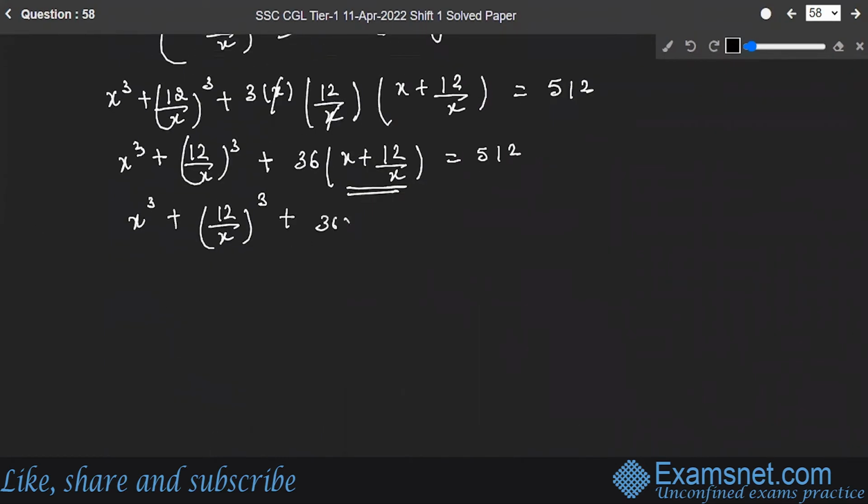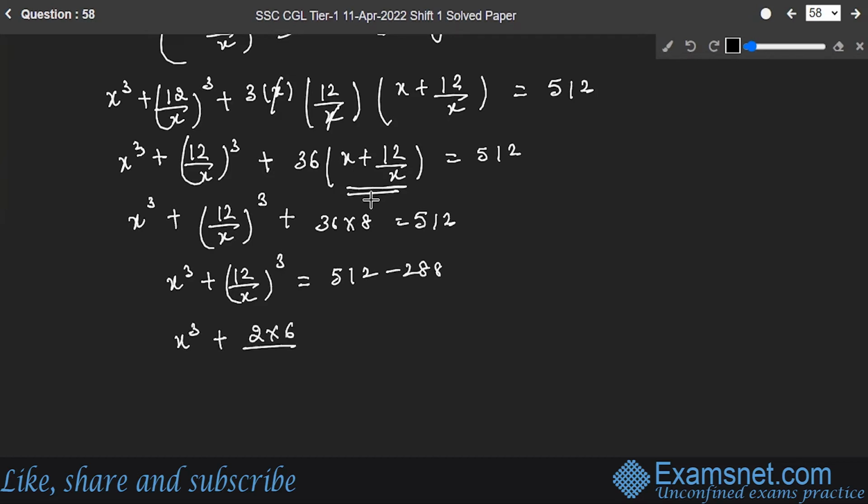So this is 36 into 8 is equal to 512. x cube plus 12 upon x whole cube is equal to 512 minus 288. See, what is this? This 12 upon x can be written as 2 into 6 upon x whole cube, right, is equal to 512 minus 288, which will give you 224, right?